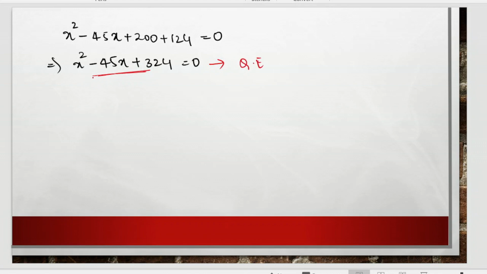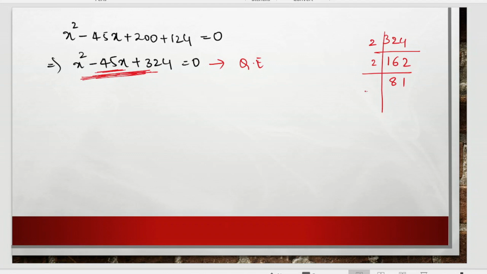Now we need to factorize this quadratic equation and find its roots. So we need to split minus 45x. Let us prime factorize 324. 2 twos are 4, 2 sixes are 12, 2 ones are 2. Again, 2 eights are 16.